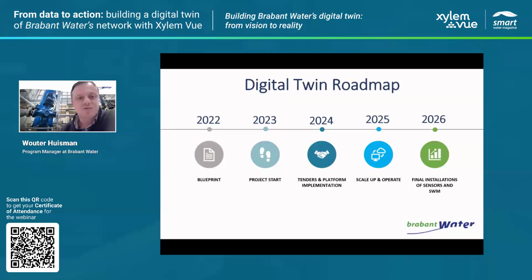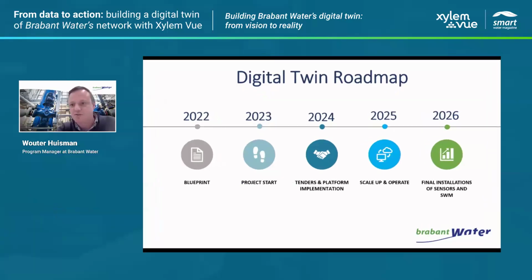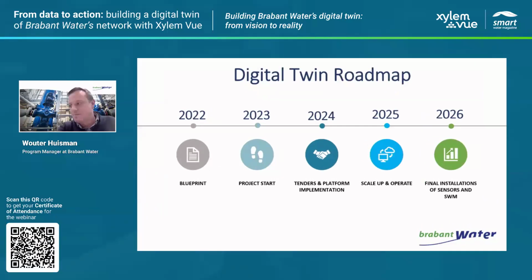So what we did in 2022, we started off by making a blueprint of this digital twin, and we looked in the market for help in order to write this blueprint. And that's the point where we started working together with Idrica, now part of Xylem, where, based on their experiences, they helped us to write this blueprint.